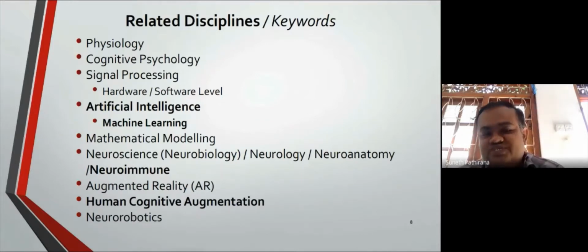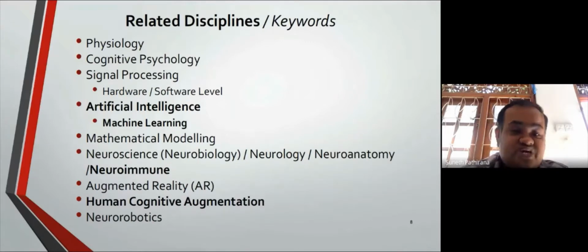AI, of course, has a very strong bond between this brain-machine interfacing and other neurorobotics disciplines, because of AI algorithms, especially AI machine learning algorithms, such as convolutional neural networks, support vector machines or multi-agent systems.